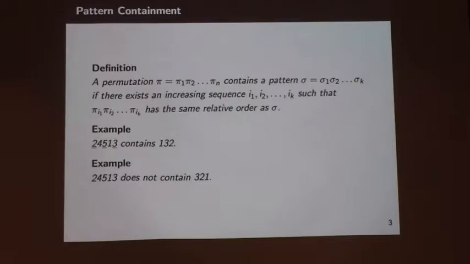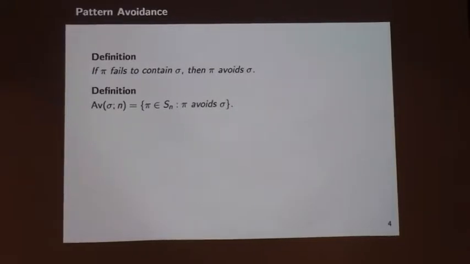However, 2, 4, 5, 1, 3 does not contain 3, 2, 1, because no matter how you choose three elements of this permutation, you're not going to find three of them that are all in decreasing order. The opposite of pattern containment is pattern avoidance. If some permutation pi fails to contain a pattern sigma, then we say that pi avoids sigma.